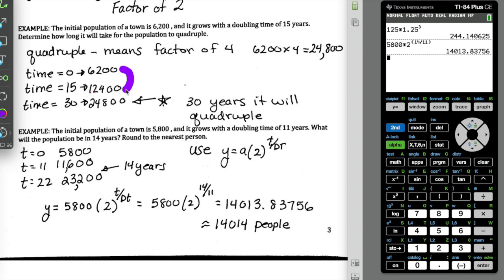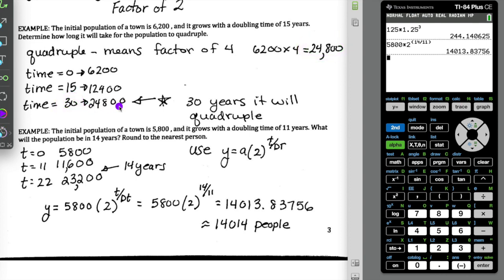From here to here, it doubles because I went 15 years, which is a doubling time. Then if I do another doubling time from 15 to 30 years, I double this 12,400 again, which gives me 24,800. And that's what we were looking for, how long it took to quadruple. So it took 30 years to quadruple.